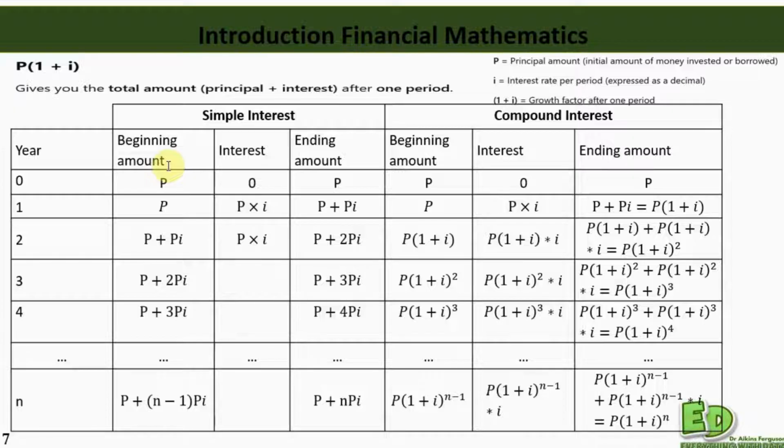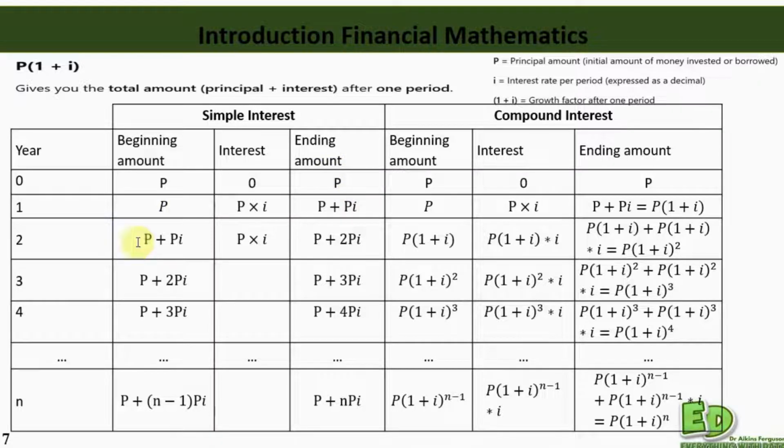It is when it has gone over a year, or there's 1 year period on that amount, that is when you start paying interest. So the beginning amount is P, that is the principal, no interest, and the ending amount is equal to the principal. So the ending amount becomes the closing balance, which becomes the opening for year 1.